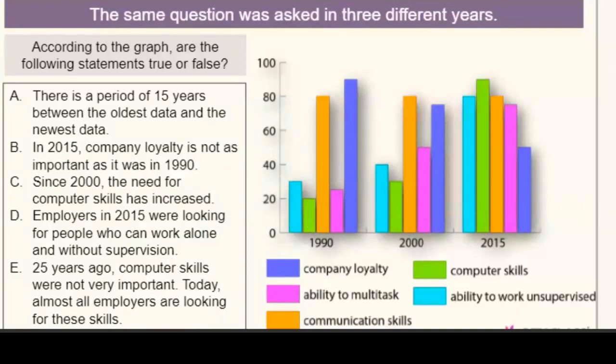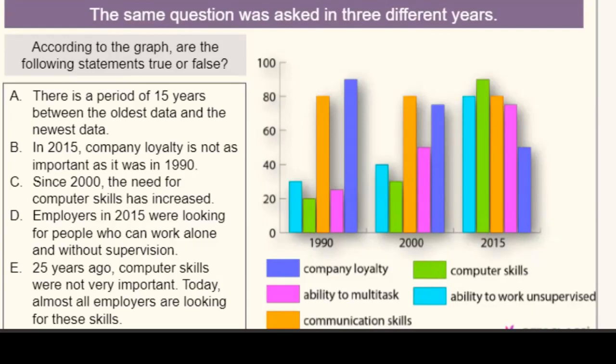There's no proper description. So: 25 years ago, computer skills were not very important. So computer skills is the green one. If we say 25 years ago, that's the time gap between the 1990s and 2015.